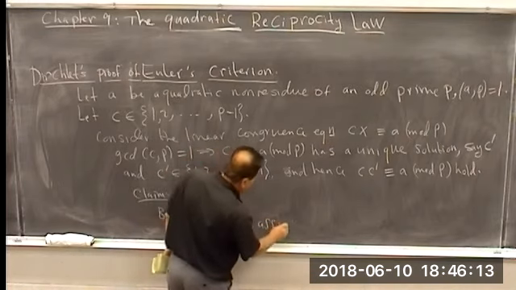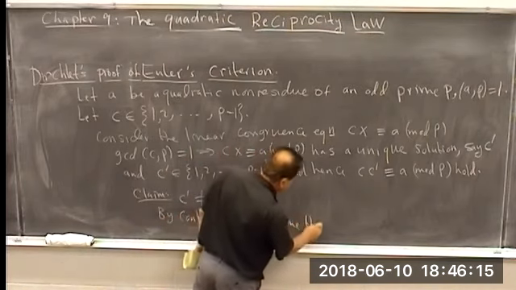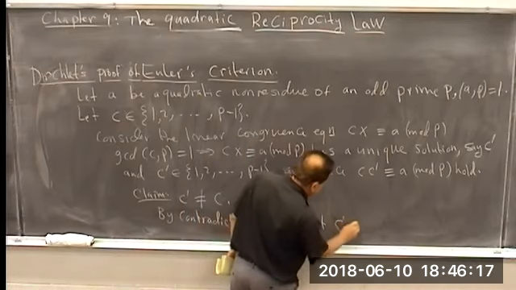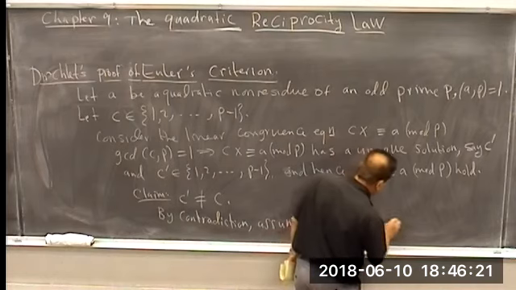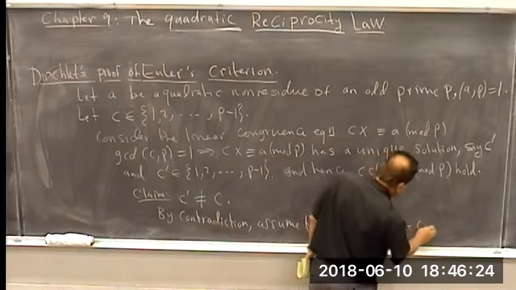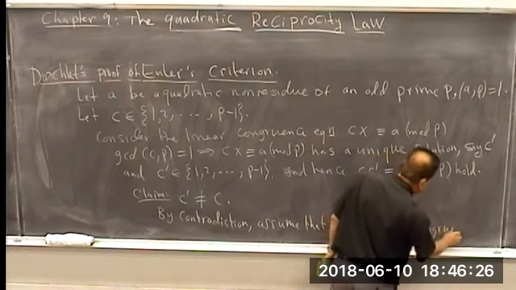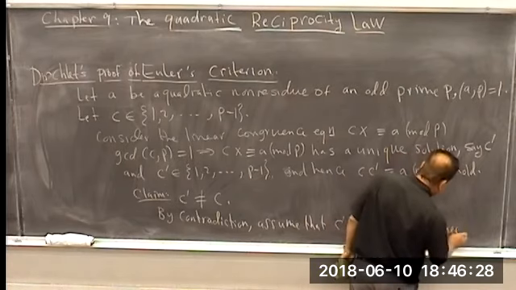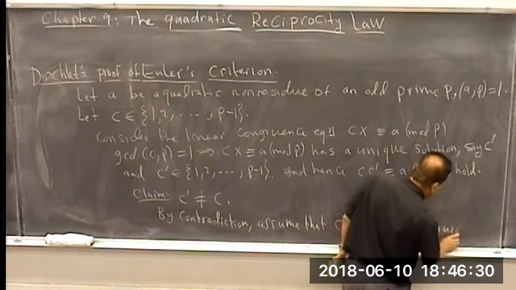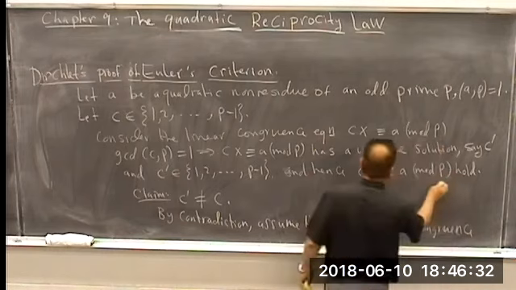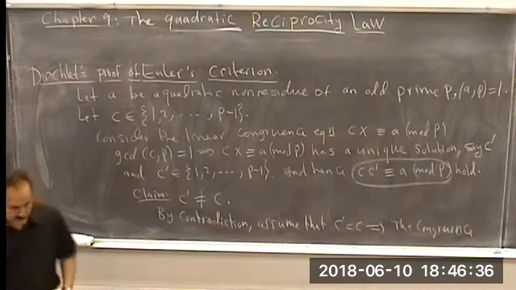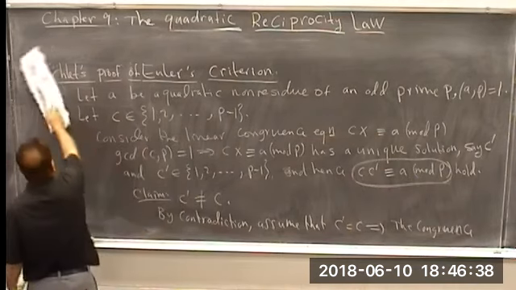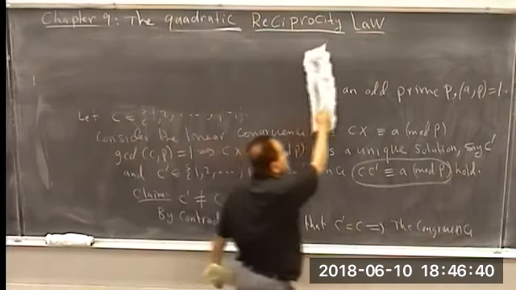Assume they are equal. So this implies this congruence, which is this congruence right here, so I'm going to write it at the top, and it becomes this.